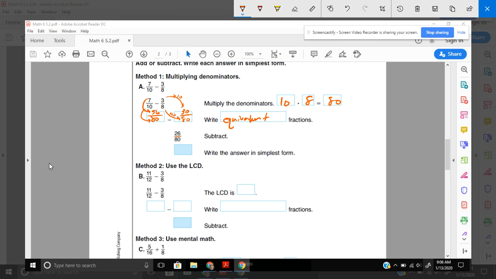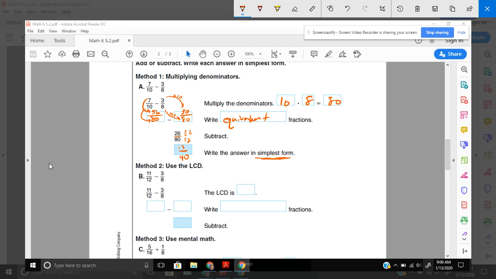And in my last step, now I need to write it in simplest form. Okay, what do 26 and 80 have in common? Well, you'll notice they're both even numbers because they end in 0, 2, 4, 6, or 8. So I could divide these each by 2 to simplify them. I'm just looking for a common factor that they have. 26 divided by 2 would be 13, and 80 divided by 2 would be 40.